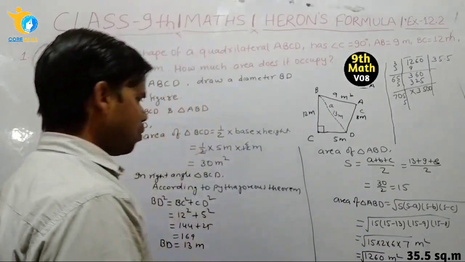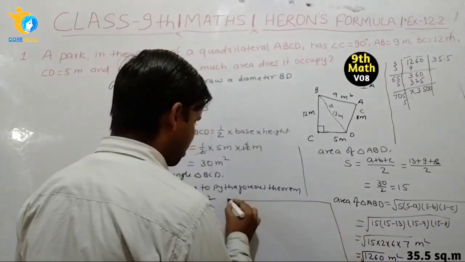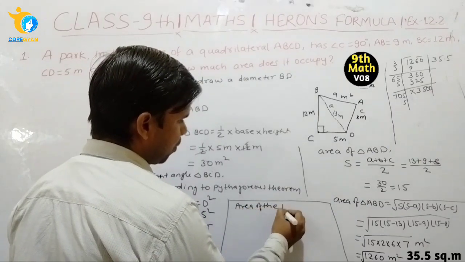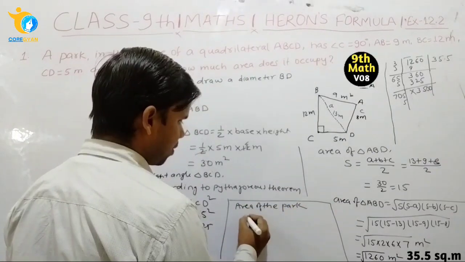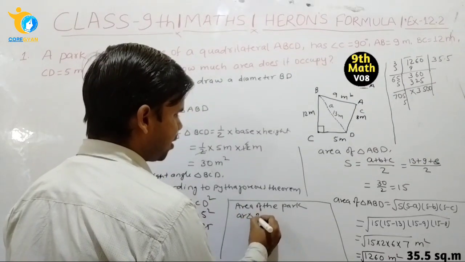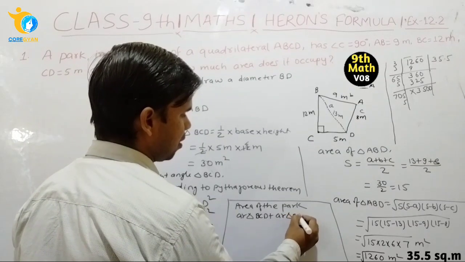So finally, the area of the park is the area of triangle BCD plus the area of triangle ABD.